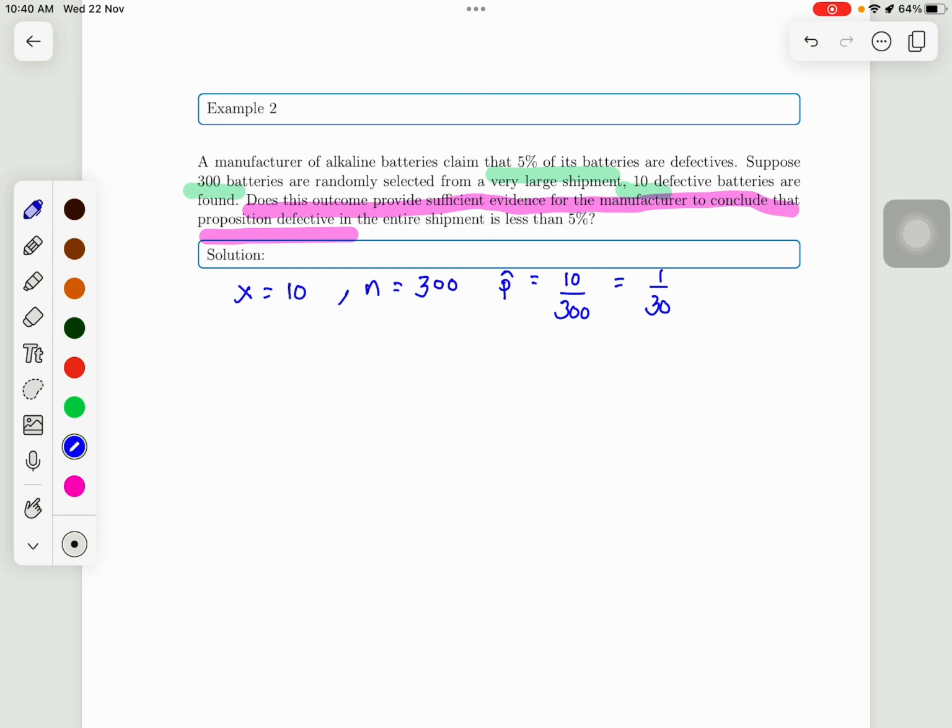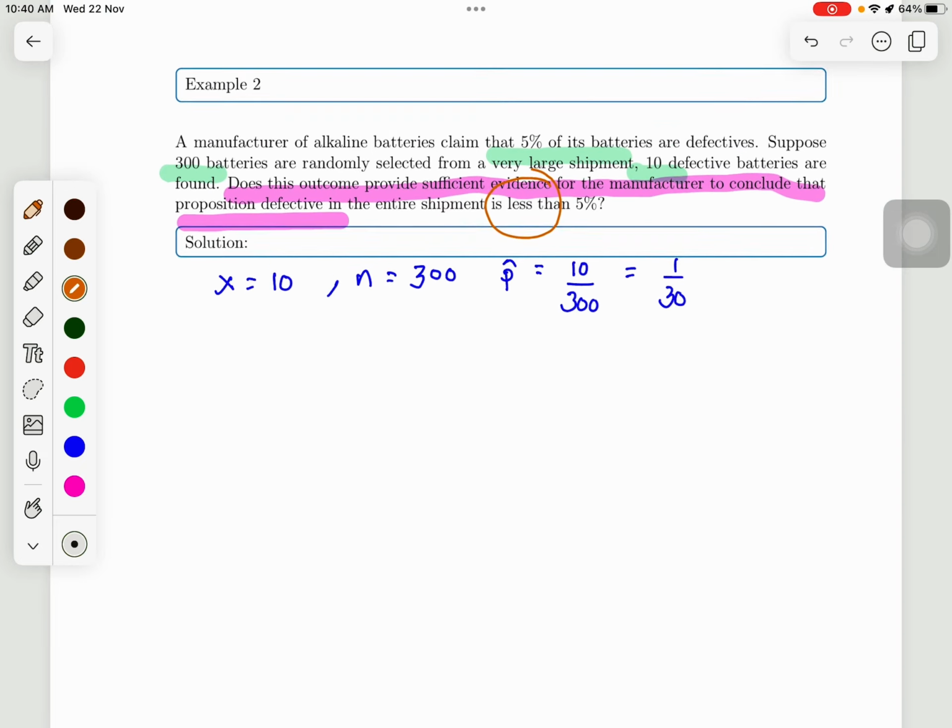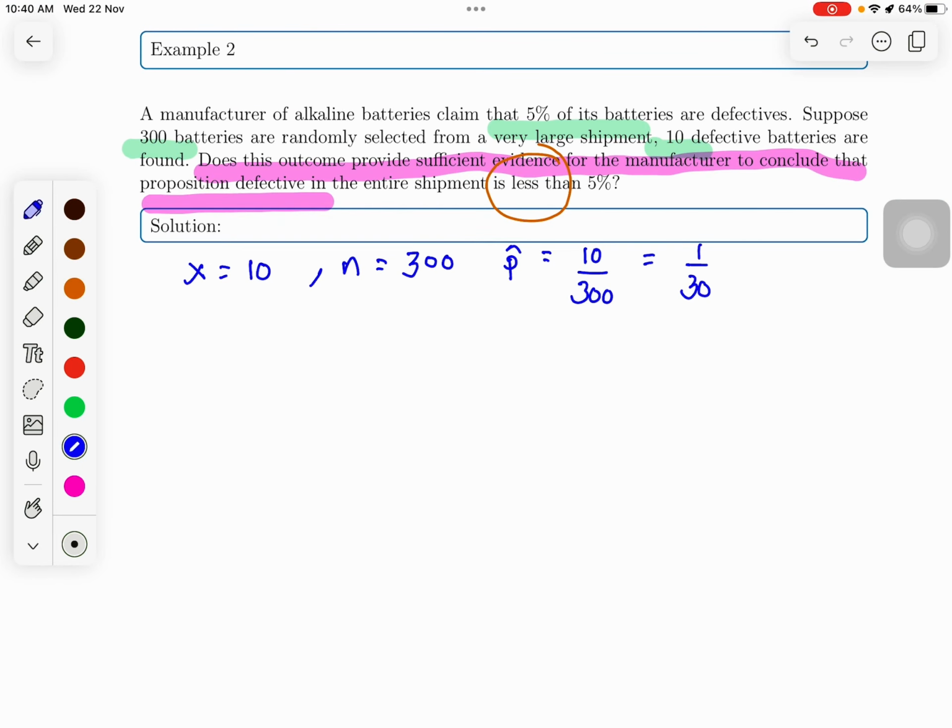So the word "less" is good information that can help you to write the alternative hypothesis.